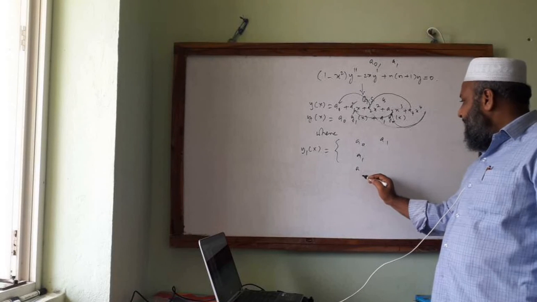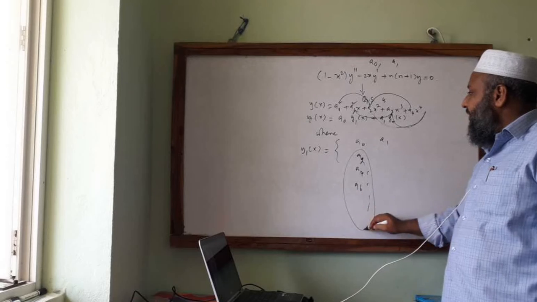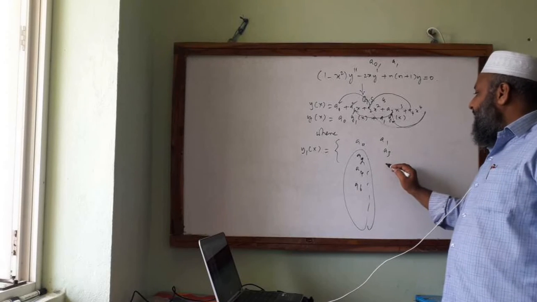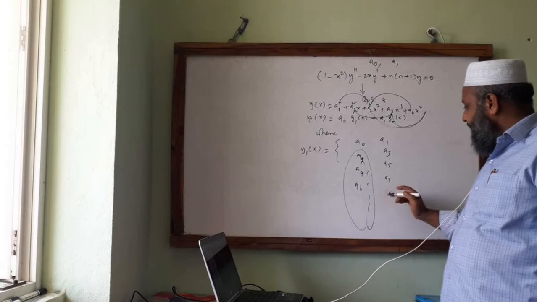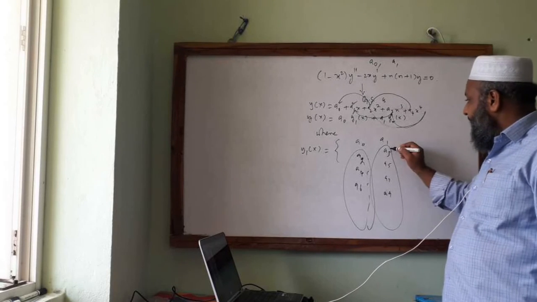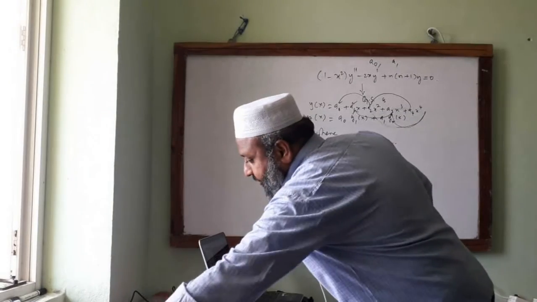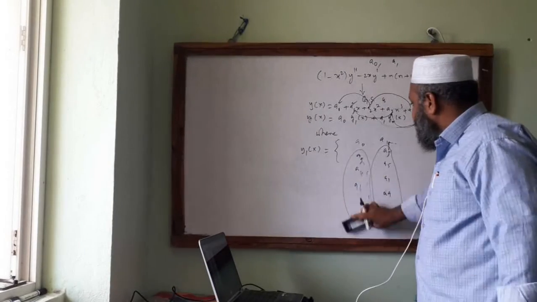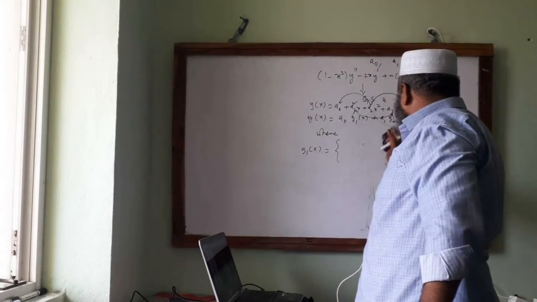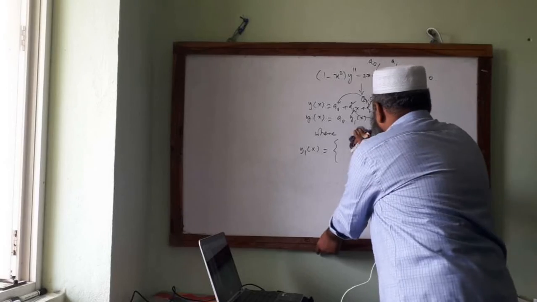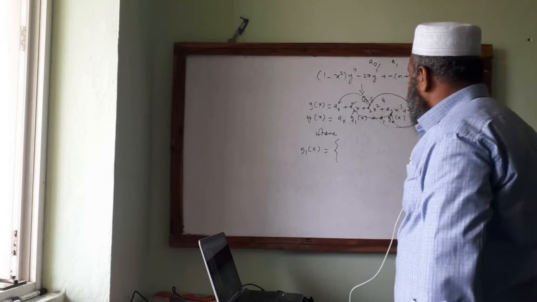a2, a4, a6, they all depend on a0, and a3, a5, a7, a9, they all depend on this particular a1. So if we take those as arbitrary constants, then we get it in this way.